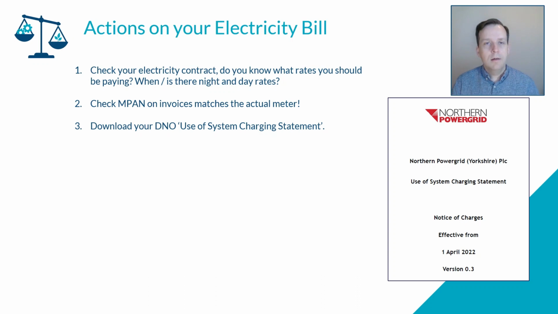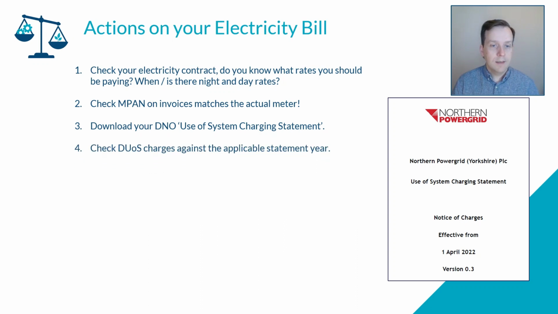So for each region in the UK, there are particular billing rates, and you should have this use of system charging statement found on your local DNO website, and that details what you should be paying for red, amber, green, and also your triads. These charges change every couple of years, so make sure that your bill reflects the applicable charging statement.